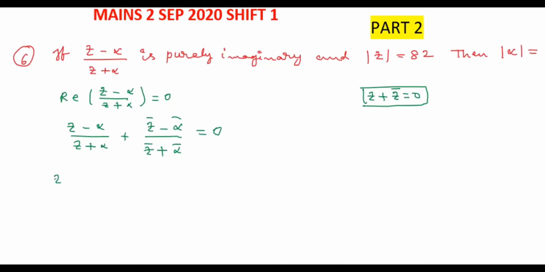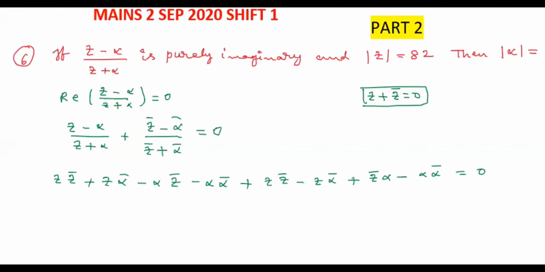Now Z conjugate plus Z into alpha conjugate minus alpha into Z conjugate minus alpha into alpha conjugate. So after calculation, numerator we got like this, denominator sent to the right hand side.